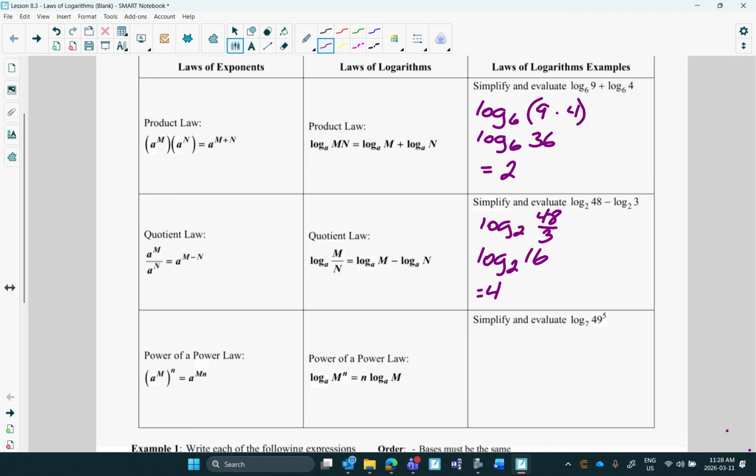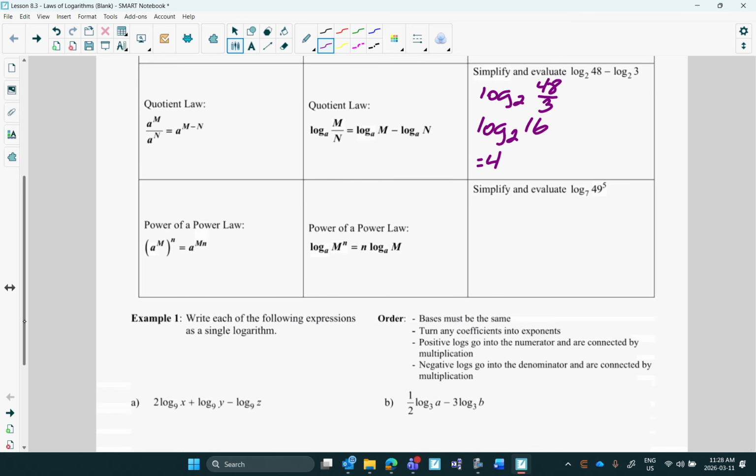And finally, the power of a power log law. If we are taking the log of something raised to some exponent, it's the same as taking that exponent and putting it in front of the log and multiplying it. Okay? So it turns into a multiplication.